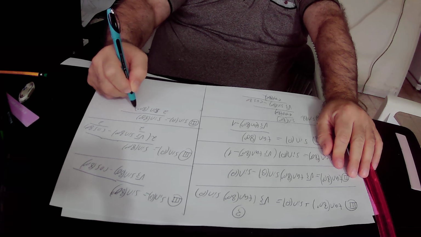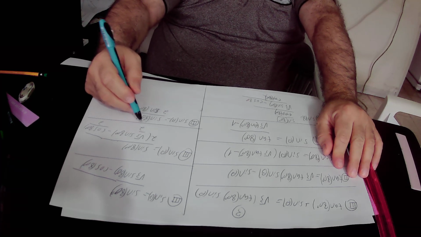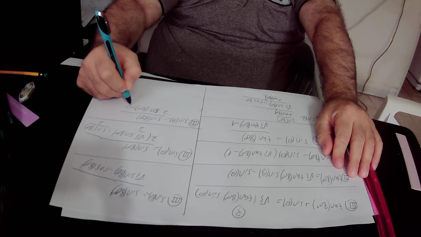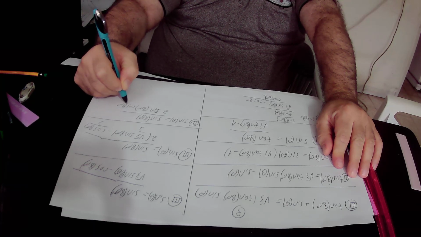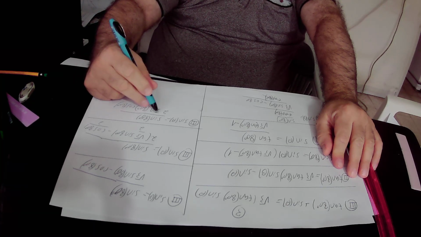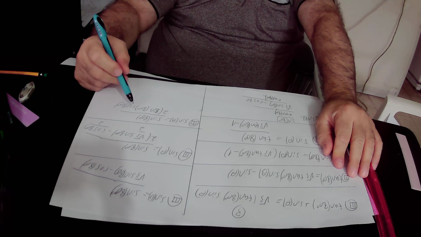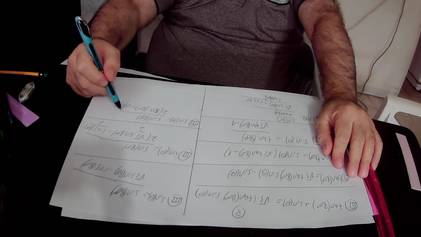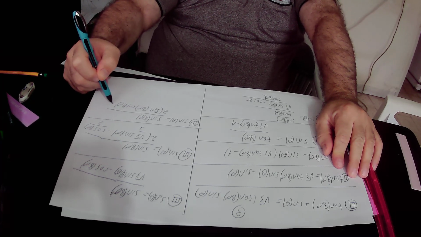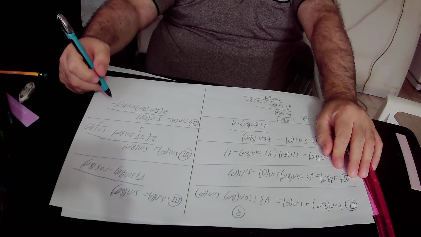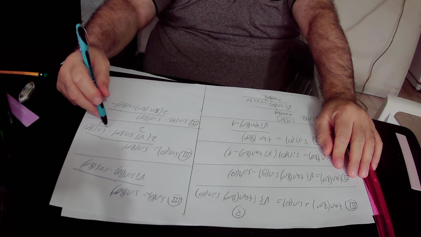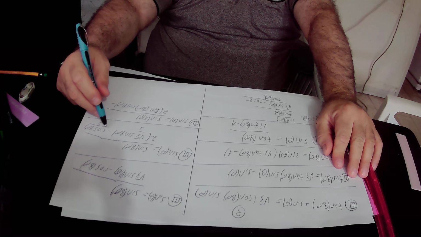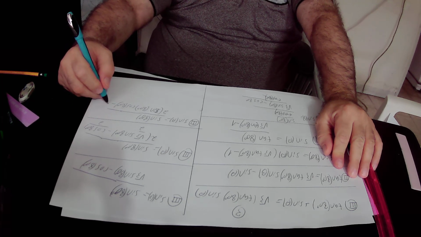So we'll substitute square root of 3 over 2 by cosine 30 degrees, and we will substitute 1 over 2 by sine 30 degrees.